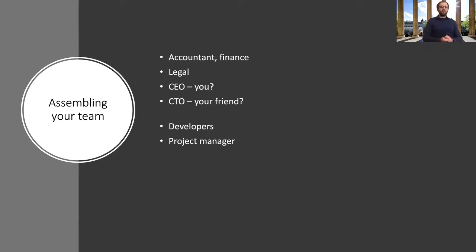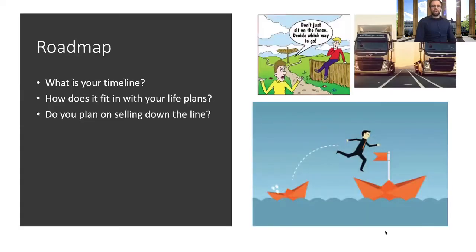We can talk about this more at our next session. And also a project manager, somebody who follows up on things and makes sure that things get done. That can also be you, but depending on your time commitment, it might be good to have somebody else do that. And once you've got your team assembled, then you need to think about the roadmap.